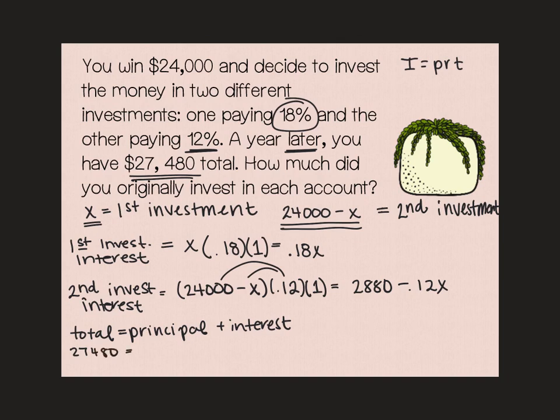The principal amount we invested all together was 24,000, plus the interest I'm making, which is actually two separate things. Here's the equation for the interest I'm going to make off the first, and here's the interest I'll make off the second. I would need to add those amounts on.